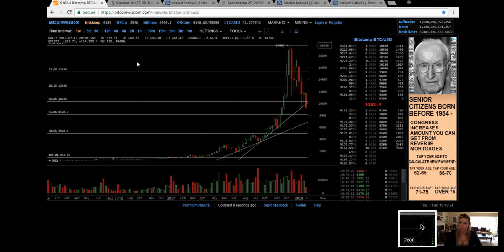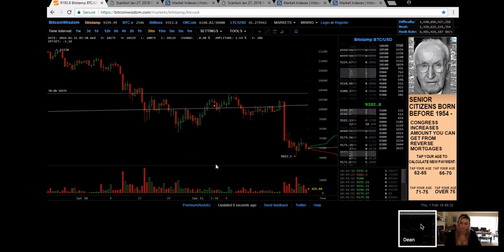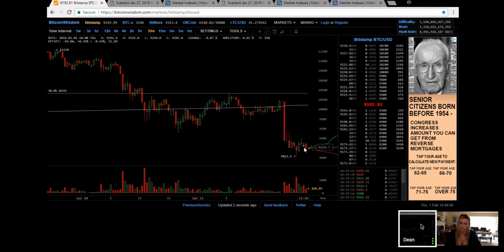Let's get into the details of what happened last night. Now, this is a 30-minute chart. In other words, this is looking back about 6 hours. And obviously, this is the big drop from the 10,000 level. It all occurred in a 30-minute period. And we're working our way slowly lower.